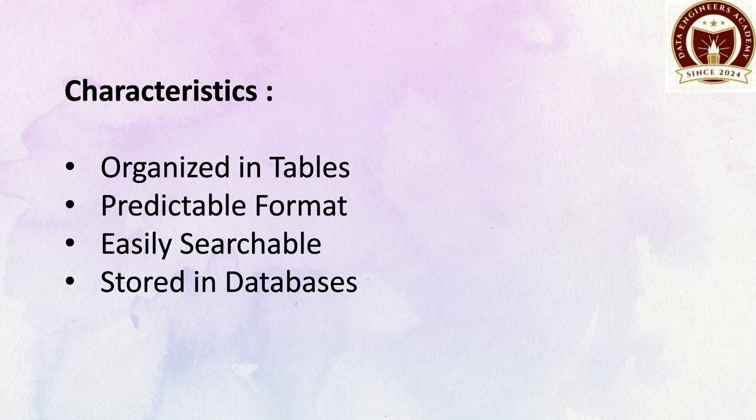So, next one is stored in database. It is typically kept in a relational database like SQL, which helps manage and retrieve the data efficiently. For example, in relational databases we have some examples: MySQL, Oracle, PostgreSQL.